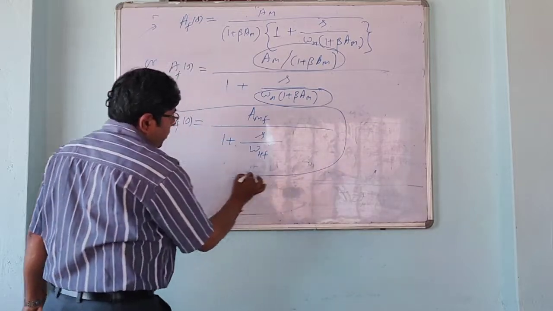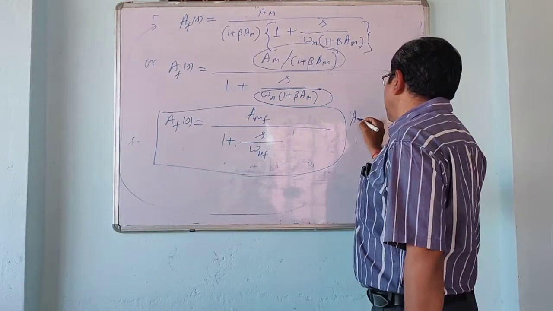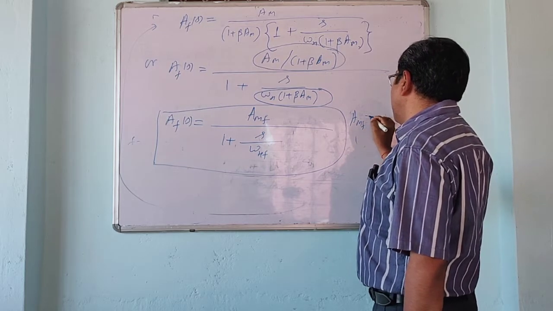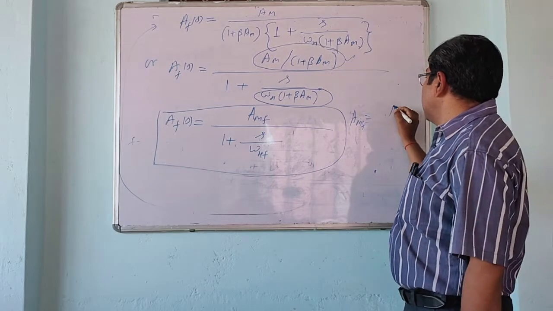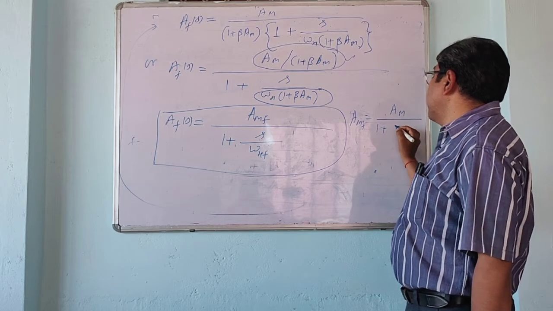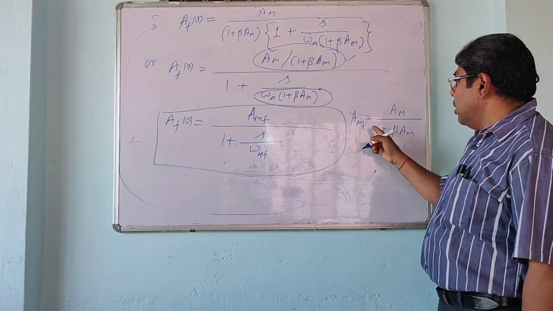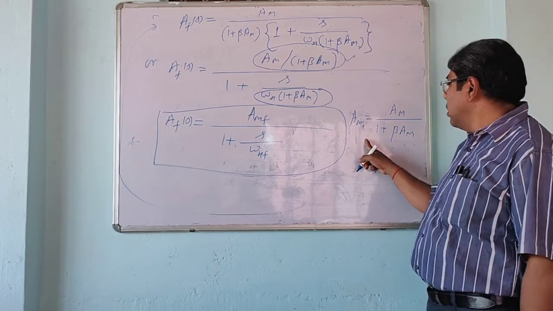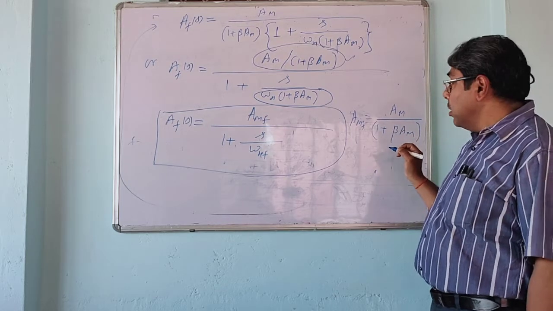Where this quantity, gain with feedback, is given by this one, meaning original midband gain divided by 1 plus beta AM. So obviously midband gain using feedback is reduced by this factor. This factor is called the amount of feedback.